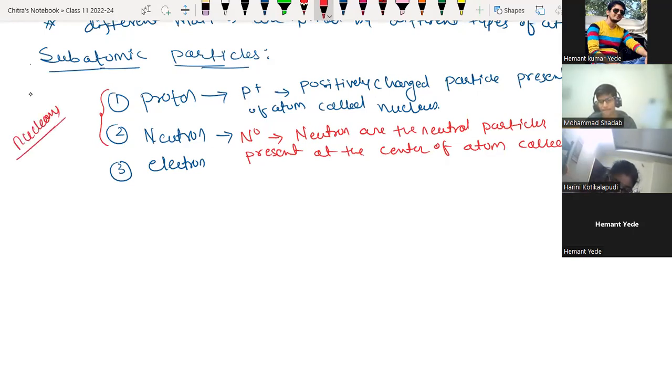That day we discussed nucleons, no? Yes, because they are present at the center of the atom. And last but not the least, we have electrons. Electrons are negatively charged particles and are represented as e negative.